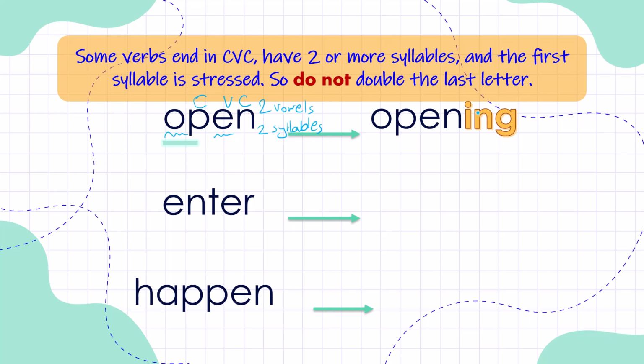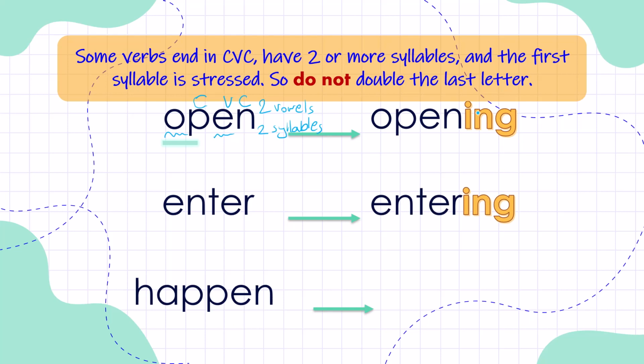I said open, open. So the first syllable is stressed. So in this case, when the verb ends in CVC with 2 or more syllables, we should pay attention to the stress. When the stress is on the first part, like the word open, we should not double the last letter.